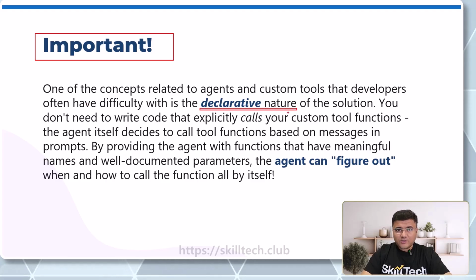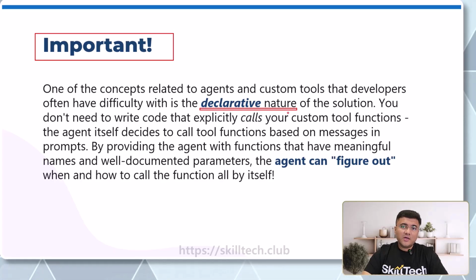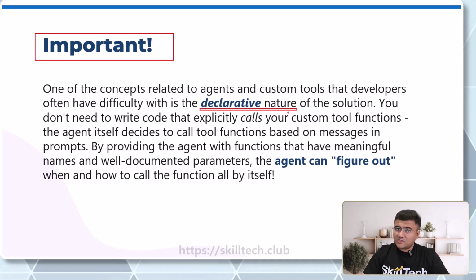Remember, your agents are declarative in nature. In our previous labs, whenever I created an agent, I always focused on the instruction section, and based on my instructions it was capable of giving me answers. Not only that, it can generate some code and download some files. All of those were based on the instructions I was giving.